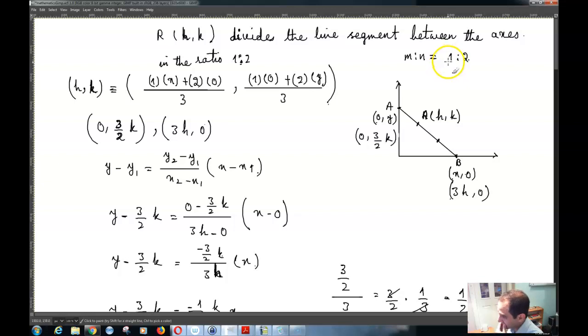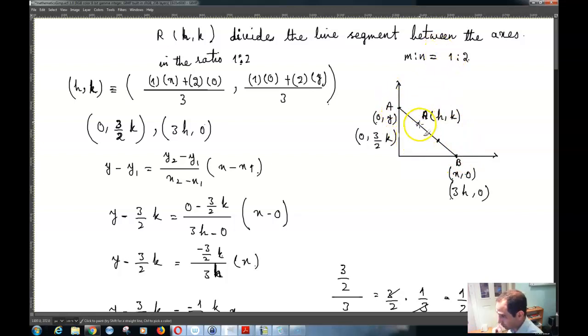But as long as you take the ratio this way, you have to call one of these m and one of these n, and that depends on you, depending on the specific situation.